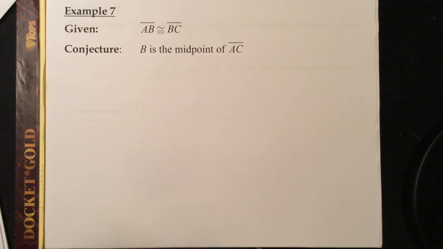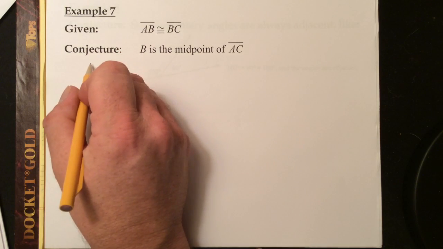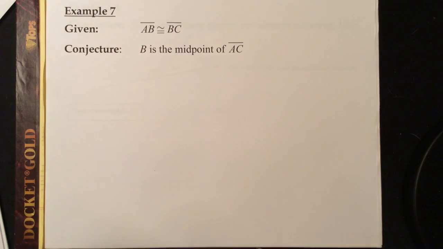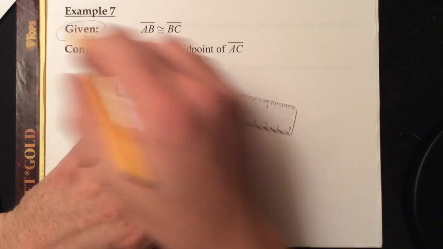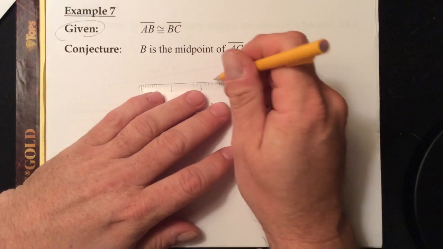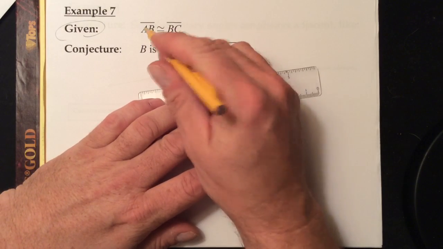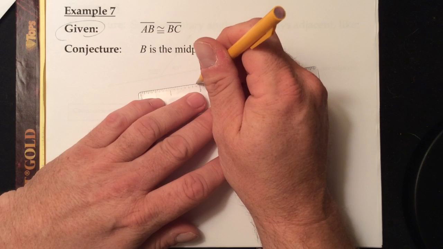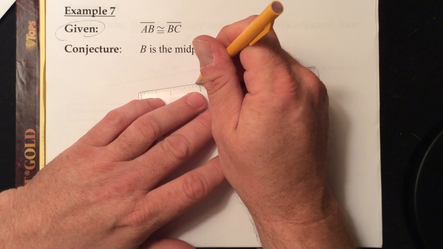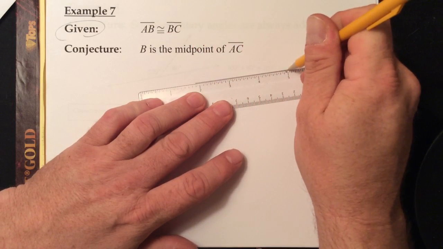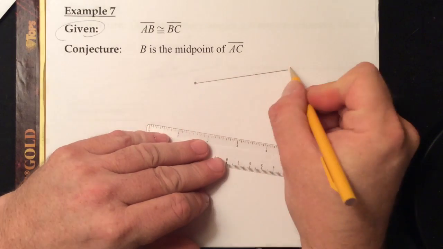Now that seems rational. It seems like it would make sense, but what we need to always do first is start off by making a diagram and labeling it of the given information. So here we're going to take AB. We've got AB is congruent to BC. Well, here is an example.